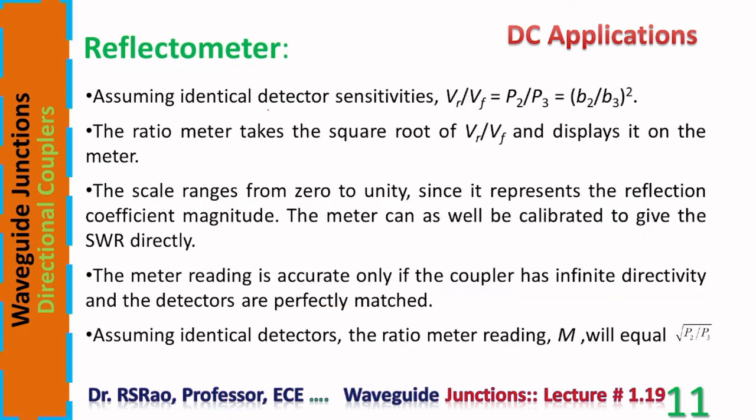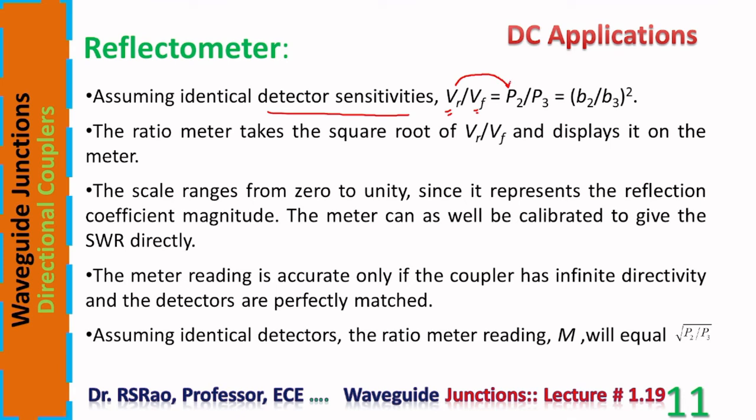Assuming identical detector sensitivities, VR by VF is P2 by P3, which is equal to (B2 by B3) whole squared. Notice VR is the output voltage of DR and VF is the output voltage of DF. These voltages are proportional to the powers incident on them.